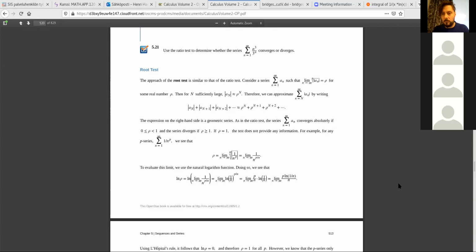So the conclusion: it converges. The limit is 1 over 3.